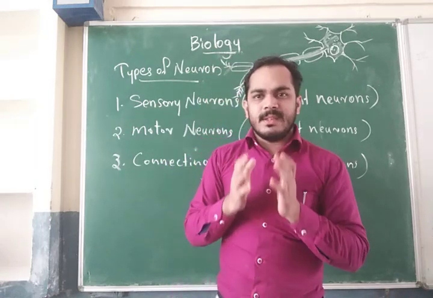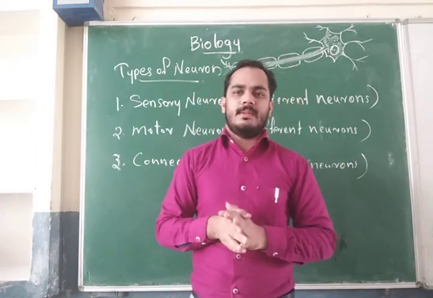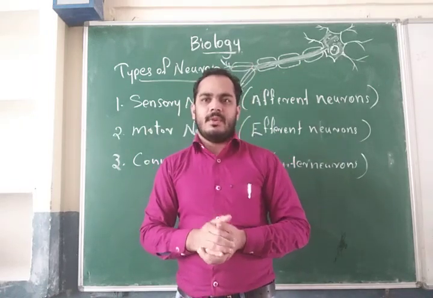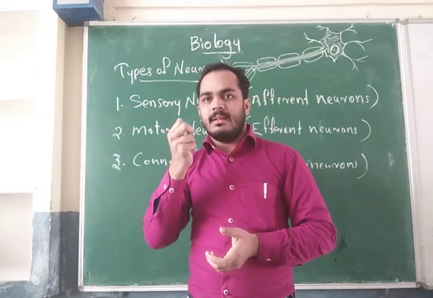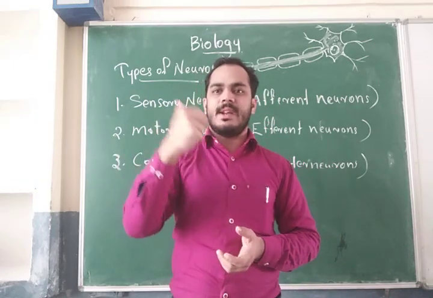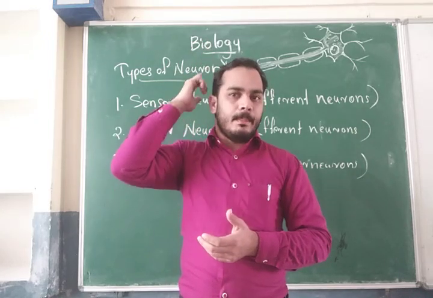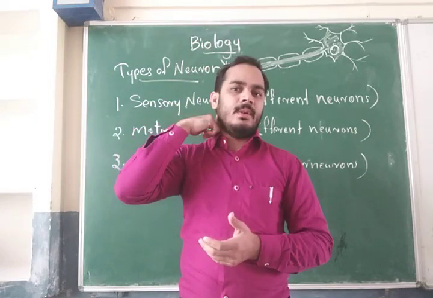So what is meant by sensory neurons? The main function is to sense, identifying that. For example, we receive the impulse from the outside or surroundings and send it to our brain and spinal cord.